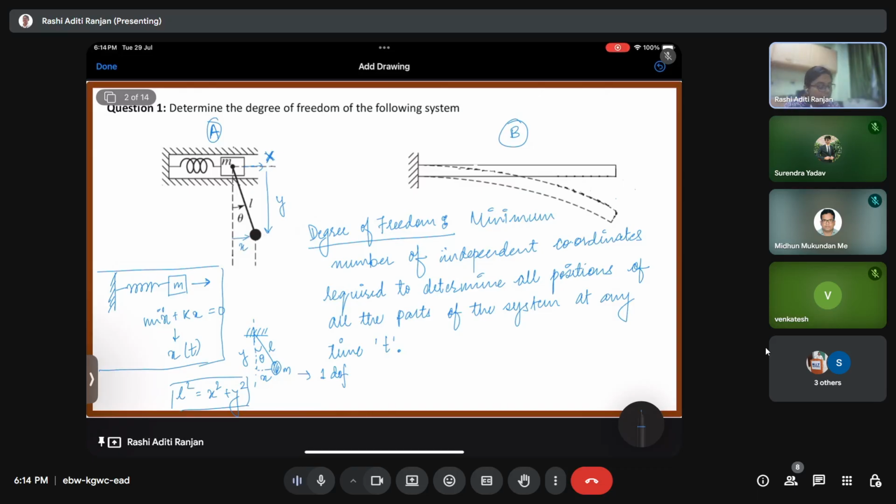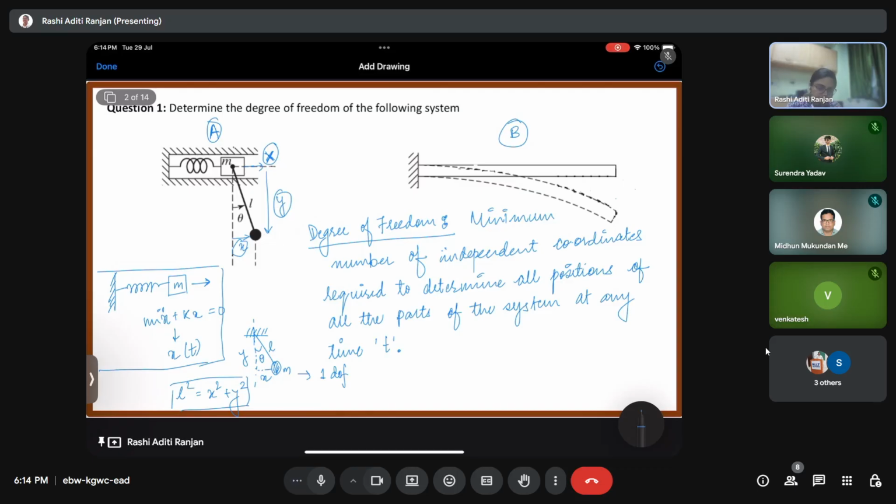Apart from knowing this capital X, we need to know the small x and small y as well in order to get the positions or the velocity of this small bob, right? From the capital X, we'll know the velocity and the position of mass m. But for the bob, we need the small x and small y, right?